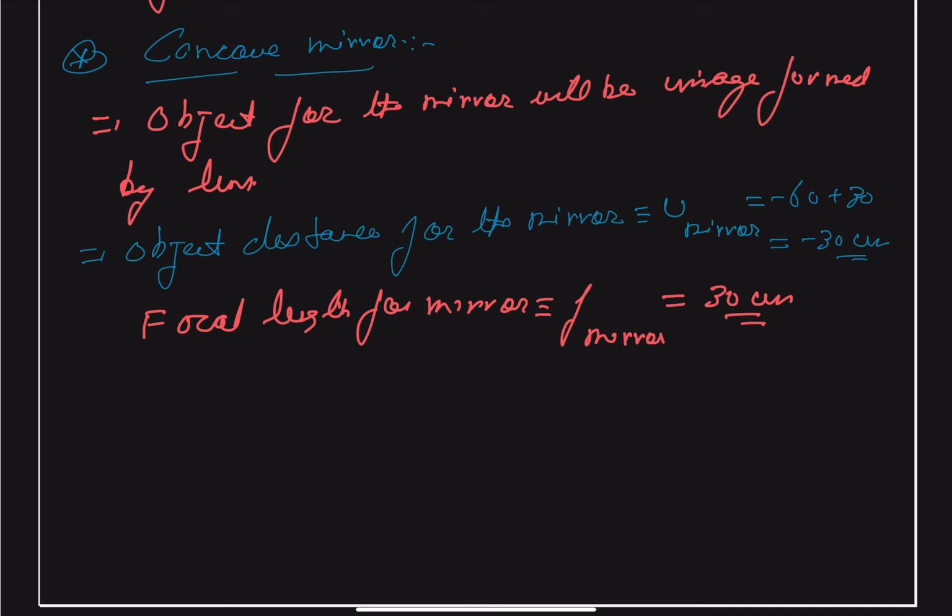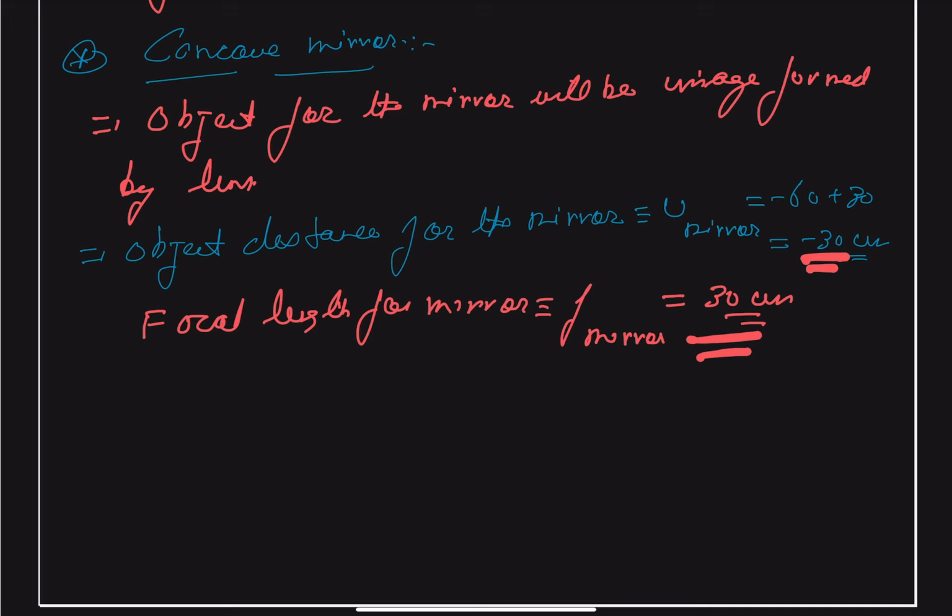Here we can see that the object distance for the mirror is 30 centimeters and its focal length is also 30 centimeters. So the object for the mirror will be coinciding with the focal point of the mirror.